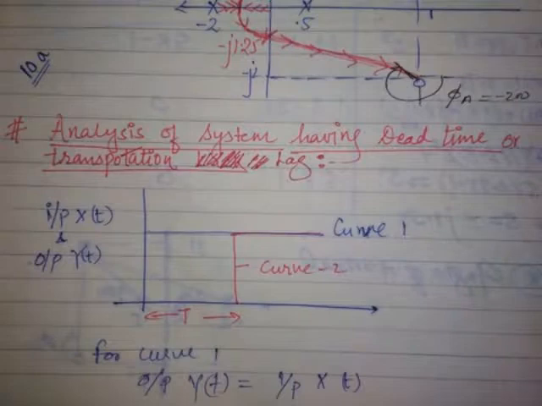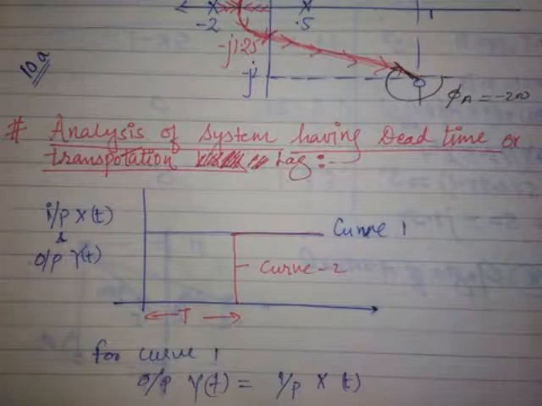Black line is the input, red line is the output. You have already given input to a system, but the output takes some time to respond. After some delay only it responds. This time delay between the instant the system is subjected to an input and the output beginning to occur, we call dead time.